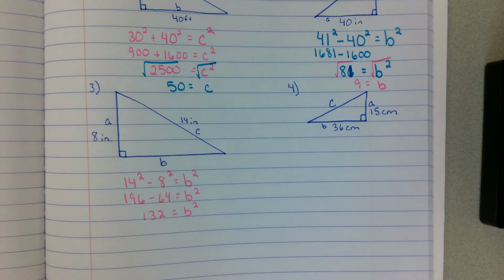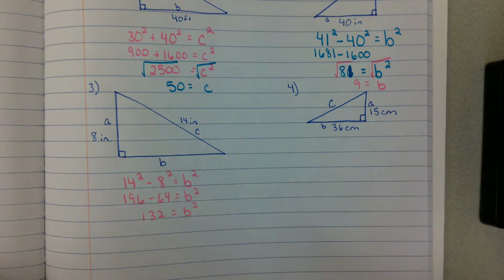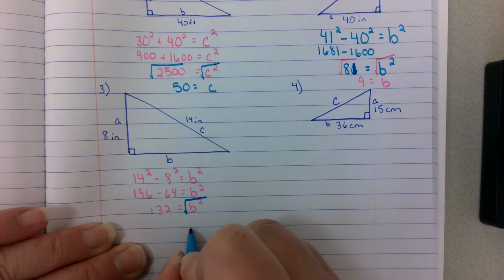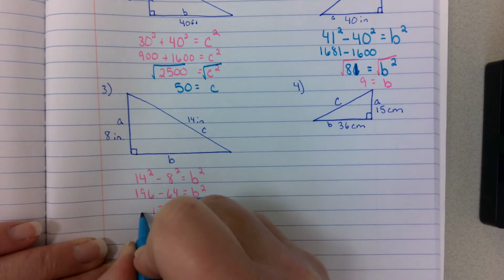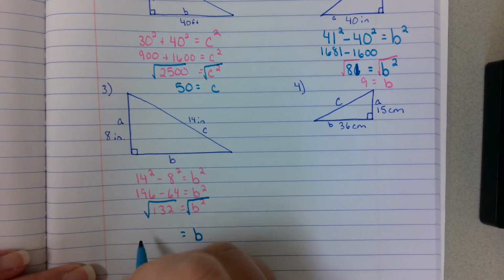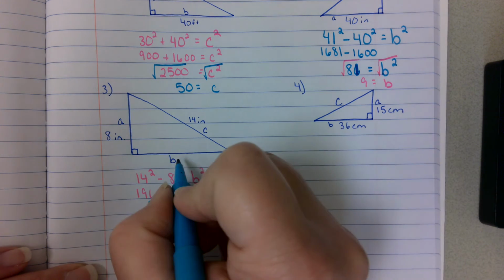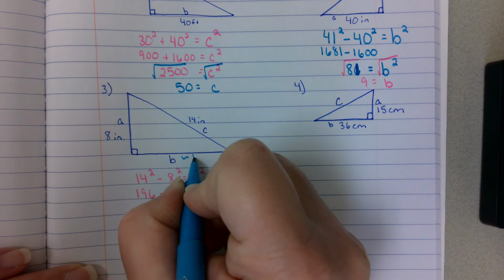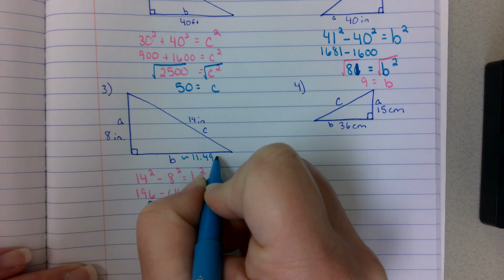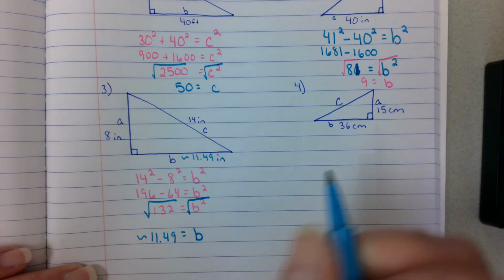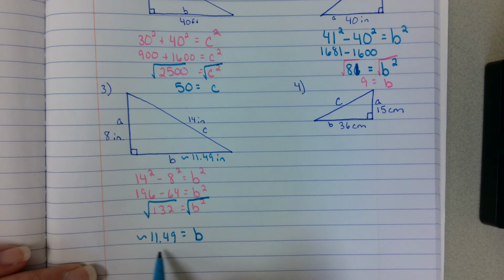All right, remember we need to take the square root of b squared to get b, and then we need to take the square root of 132, which is approximately 11.49. So b is approximately 11.49 inches. And the reason that we have a decimal here is because 132 is not a perfect square.